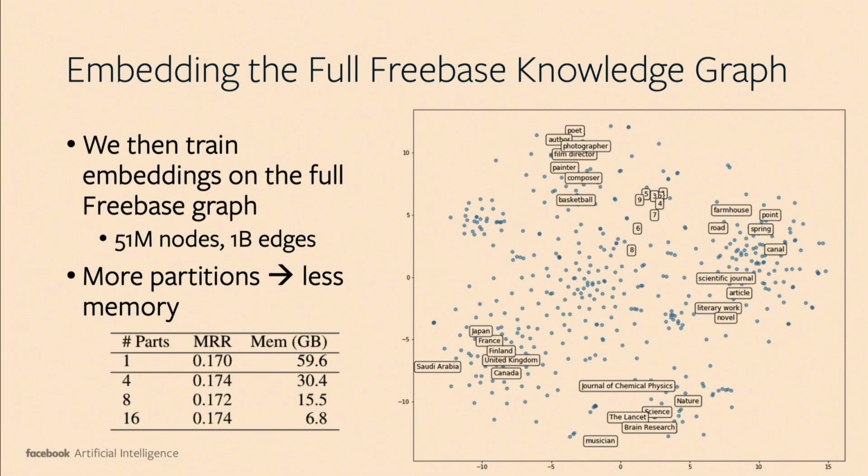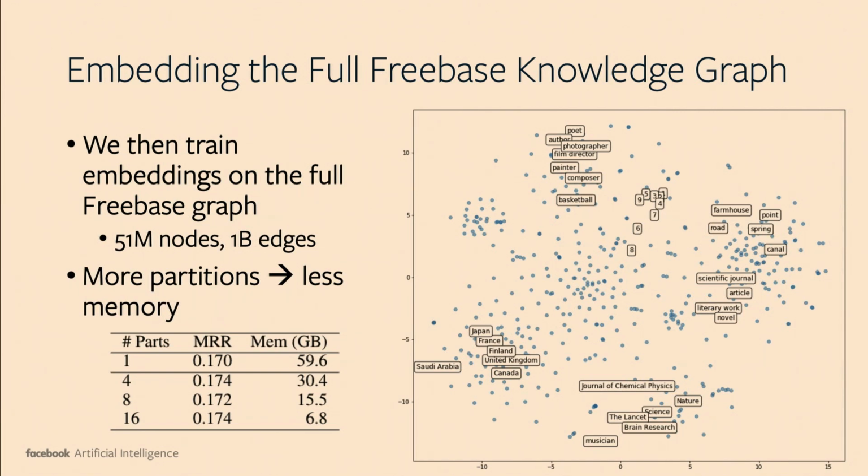But then what we do is we train these embeddings on the full Freebase graph, and I think this is the first, at least reported result of embeddings on the full Freebase graph, which has 51 million nodes and 1 billion edges. So on the right, you see a t-SNE plot of some of the nodes based on the full Freebase embedding, and what you see is you have a clustering at the top of different professions, a clustering of numbers, a clustering of countries.